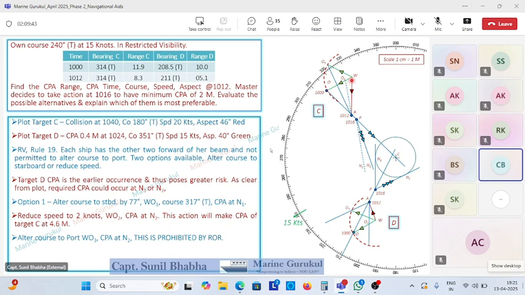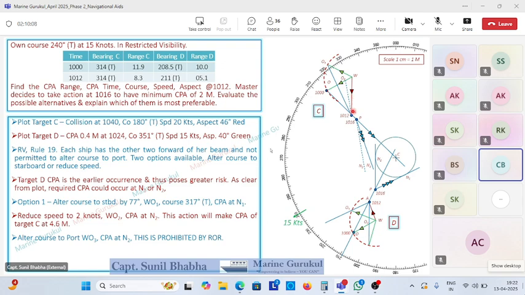You can follow the laser pointer, W2O2. This is the new ownership vector. Now from O2, I join a line with point alpha. You can see Oscar 2 to alpha dotted line coming up. This will be the new relative line of approach for target Charlie.